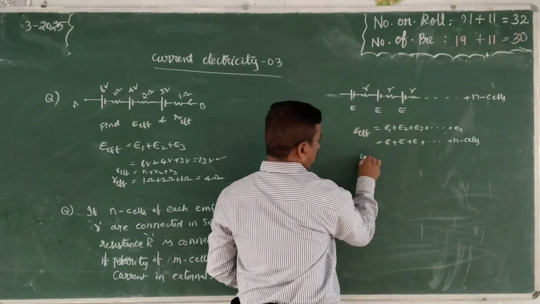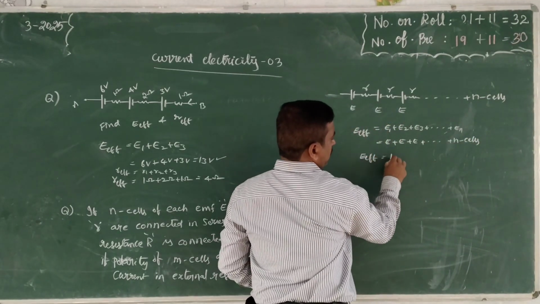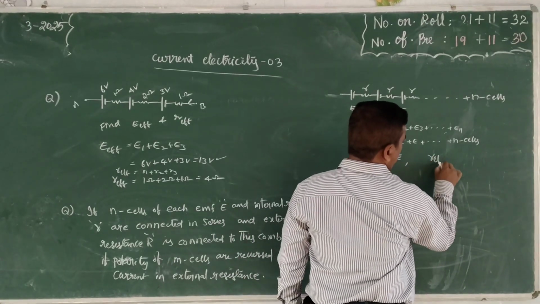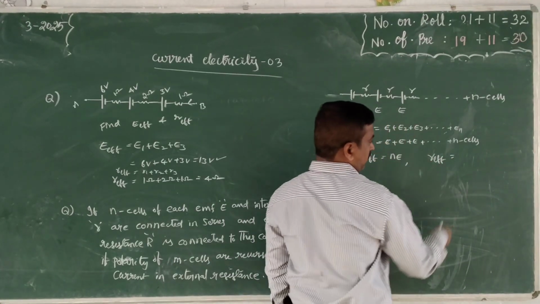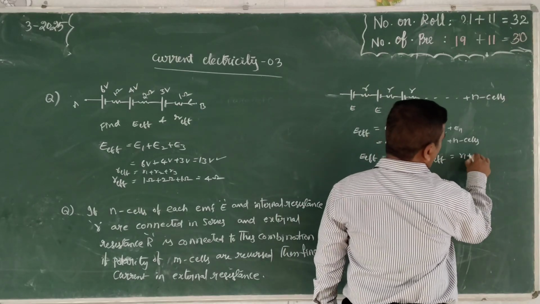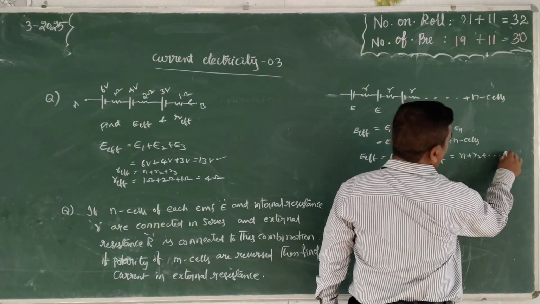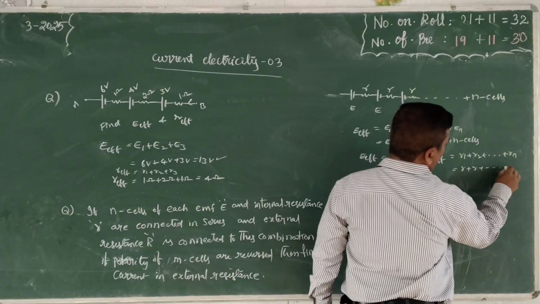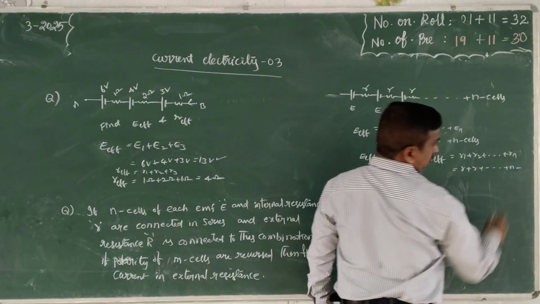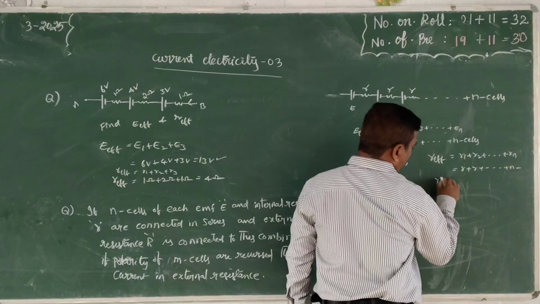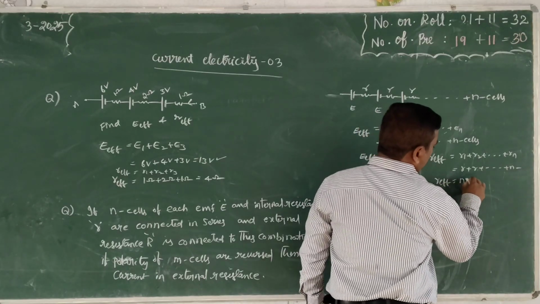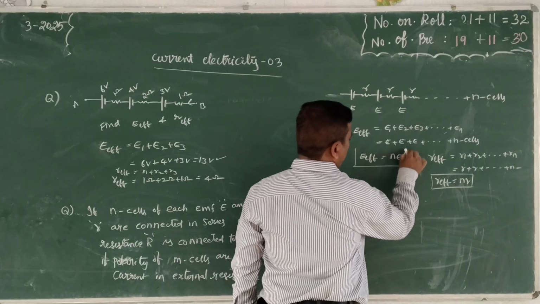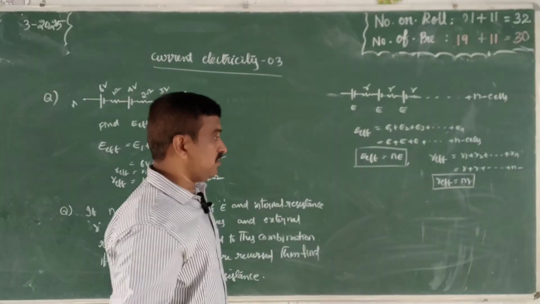So the effective EMF is nE. Effective resistance is R1 plus R2 plus R3 and so on up to Rn. N resistances of r, so the effective resistance equals nr. What is the effective resistance now? nr. The effective EMF is nE.